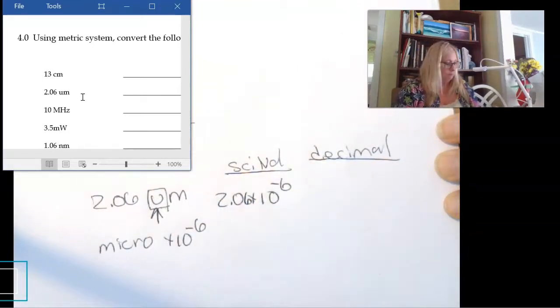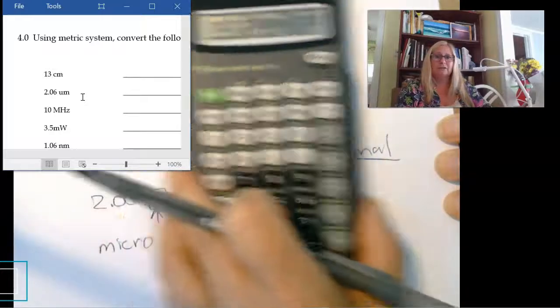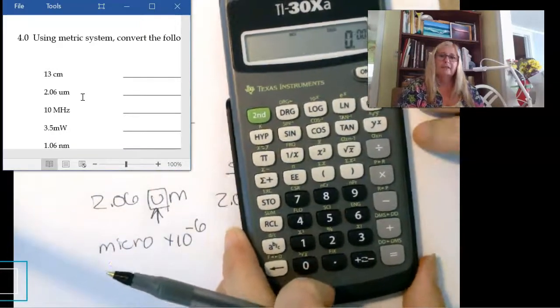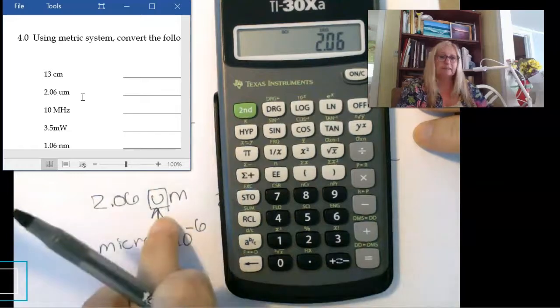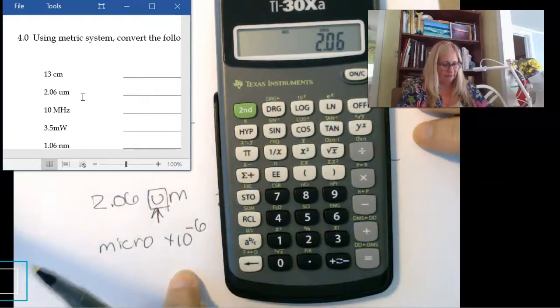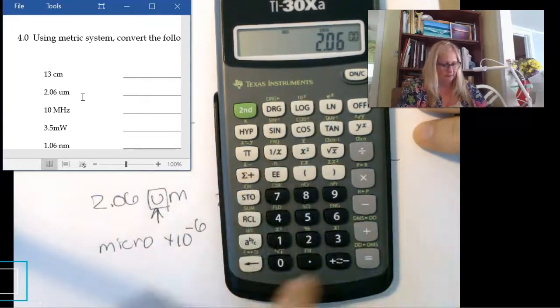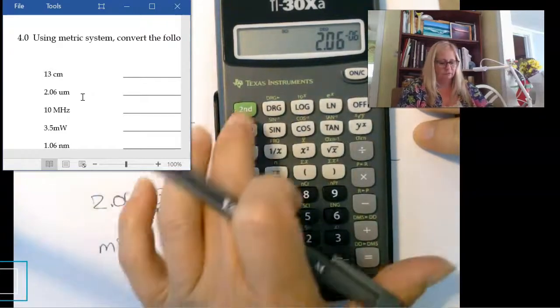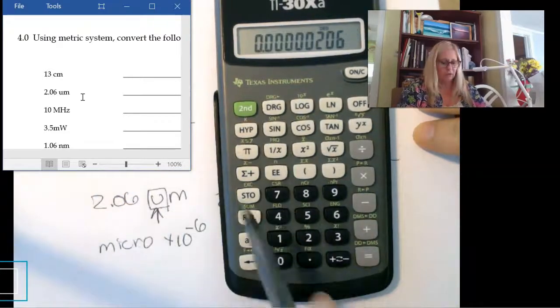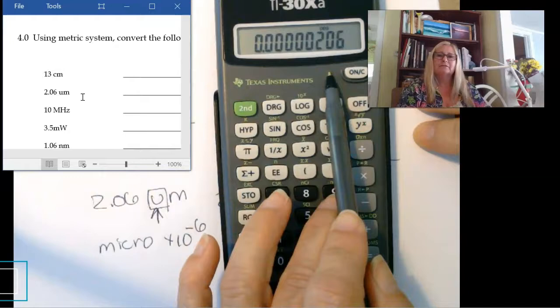So then all I have to do is use my calculator, and if I have 2.06, I said this represents times 10 to the -6, so I hit my EE button, -6, and if I press equals, this becomes my decimal.